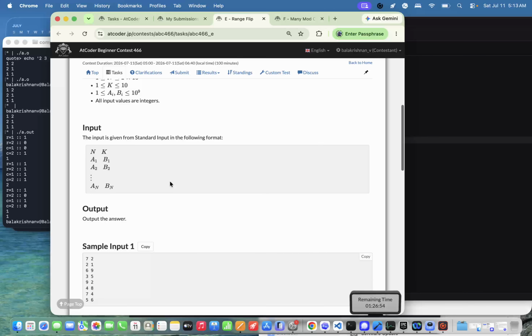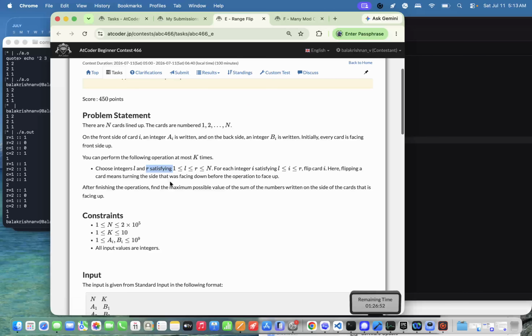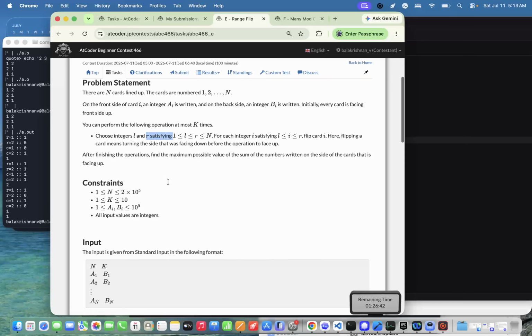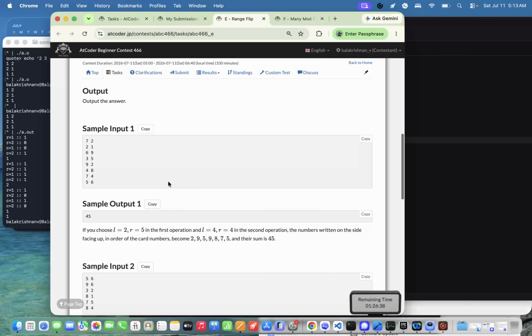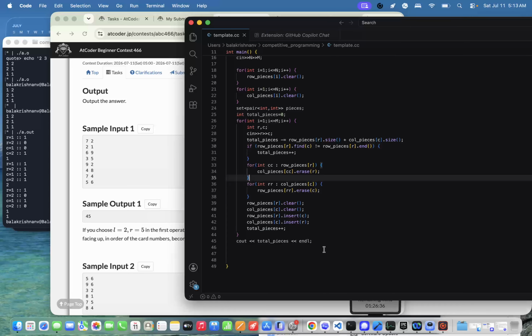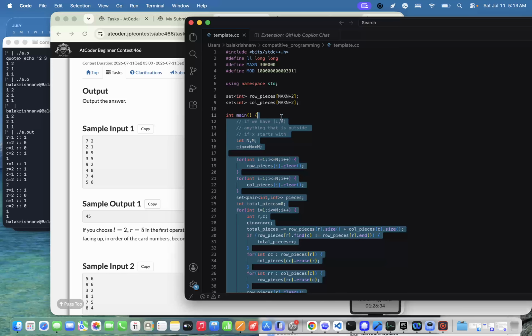Oh, doing a range flip. Yeah, if you're doing a range flip, it's best to be disjoint, because otherwise you can just undo the flips.